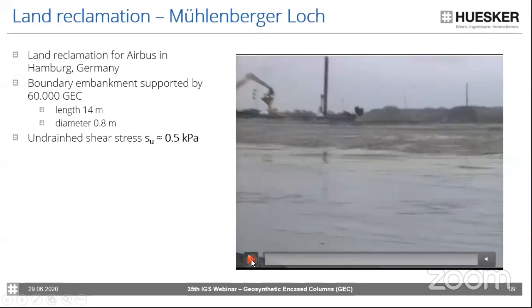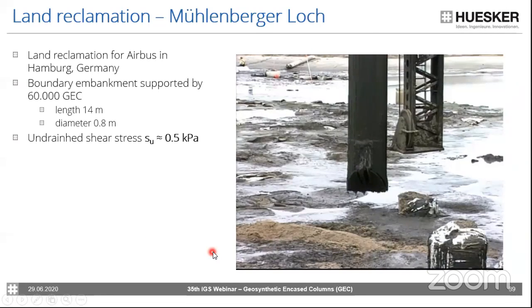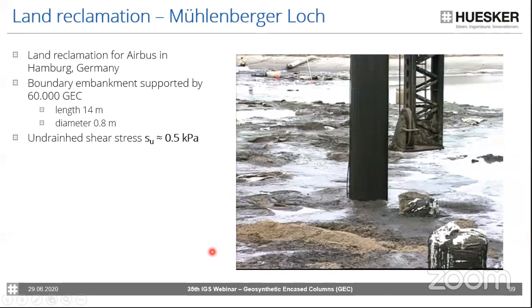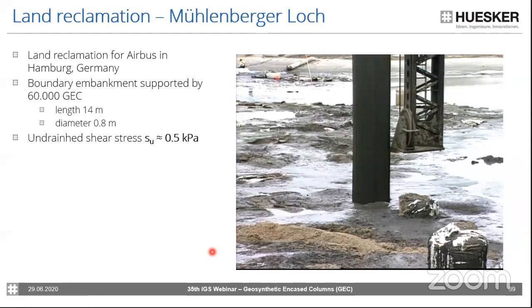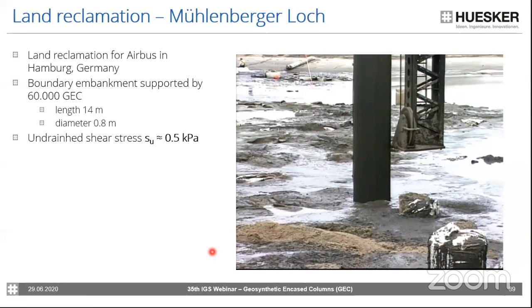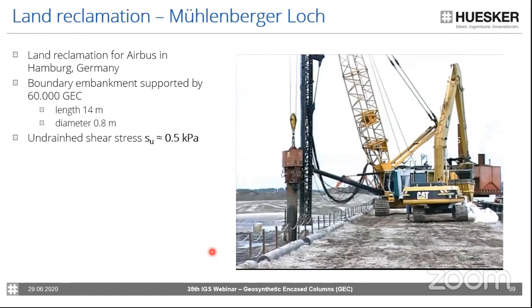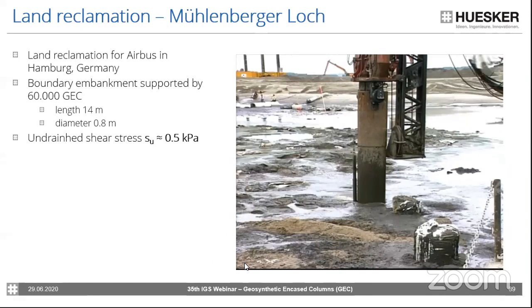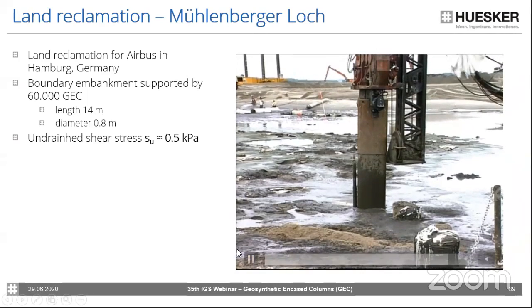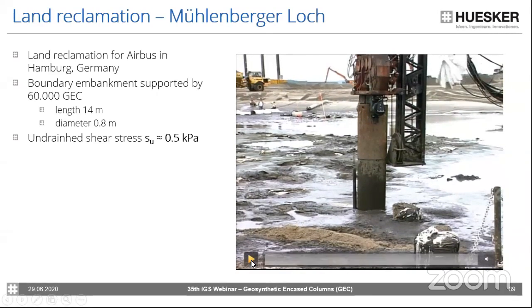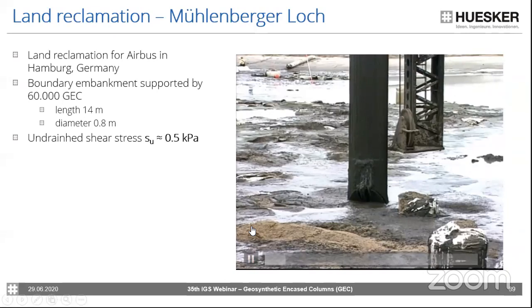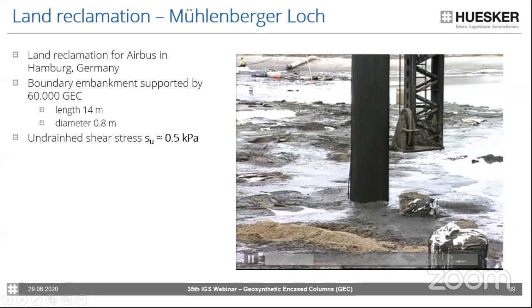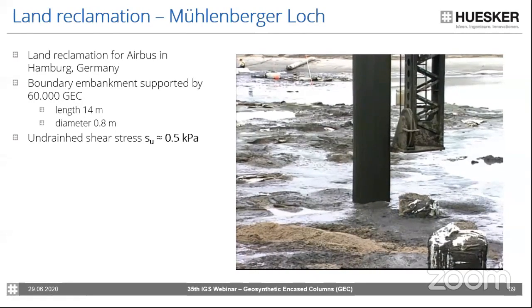To give you a nice idea how soft this material was, I show you this video sequence. I hope it runs smoothly at your end. And you really see nicely how easy the steel pipe can be brought into the soft soil, and shows you the soft conditions of the material.